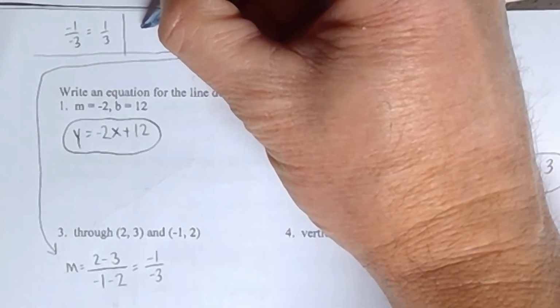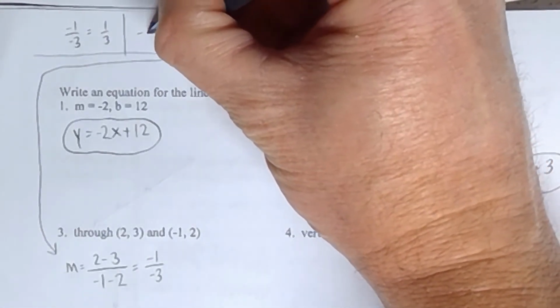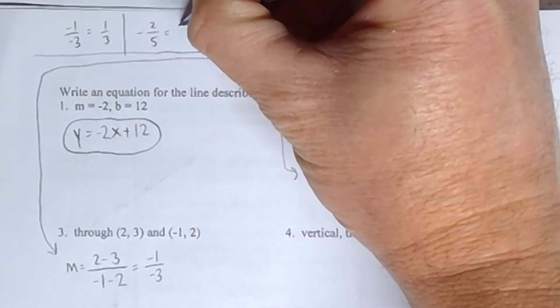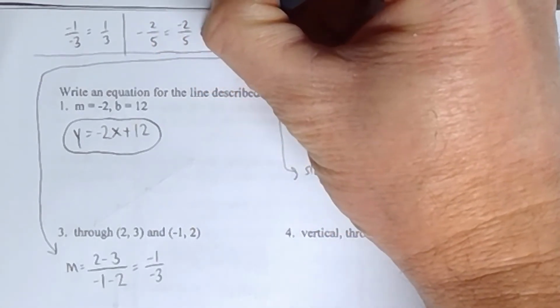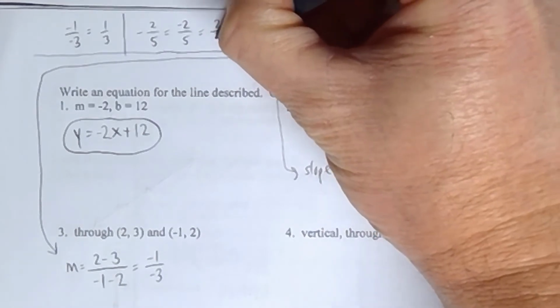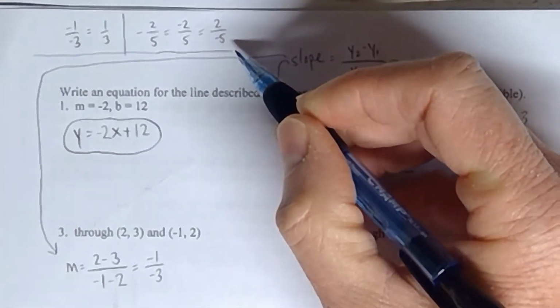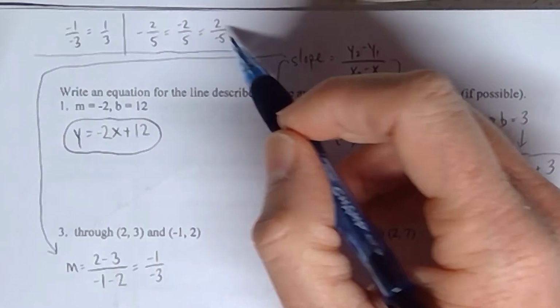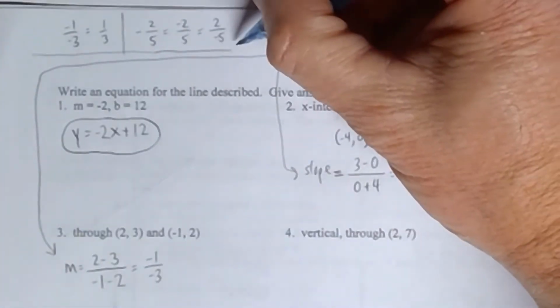But if you say, for example, you had a negative outside of a fraction, please remember that that's the same thing as this right here. That's the same thing as these two things right here.